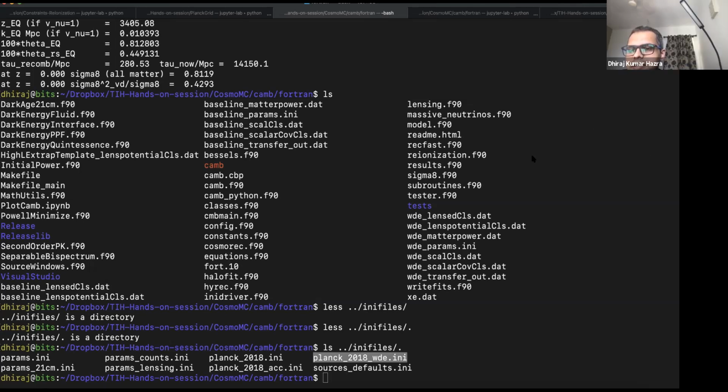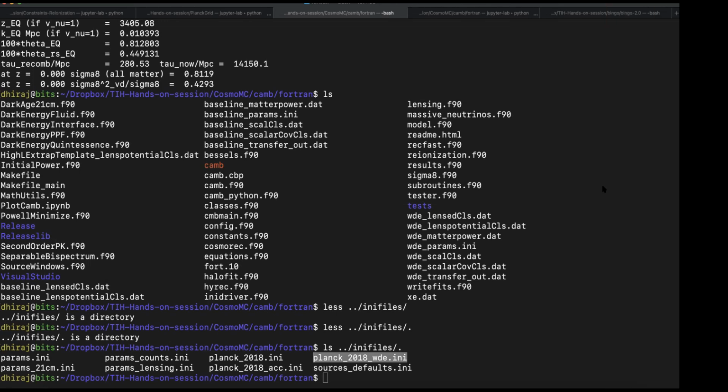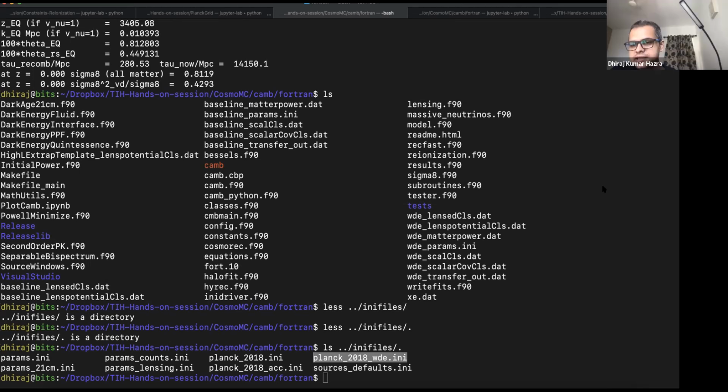It is in the parent directory. CD ../ini files as Arnav is showing. Let's do that. Yeah, it's working. So I'm getting this as ls.